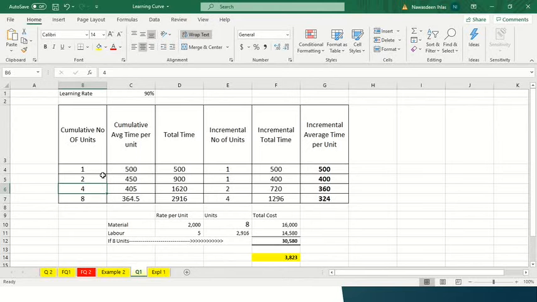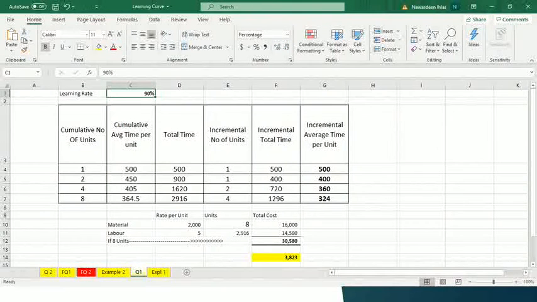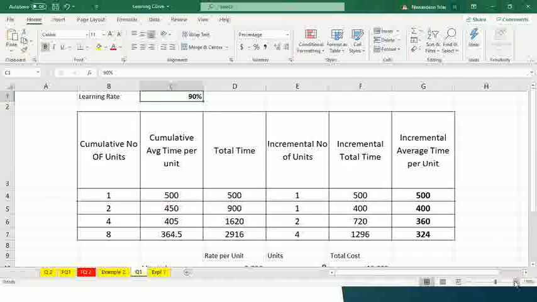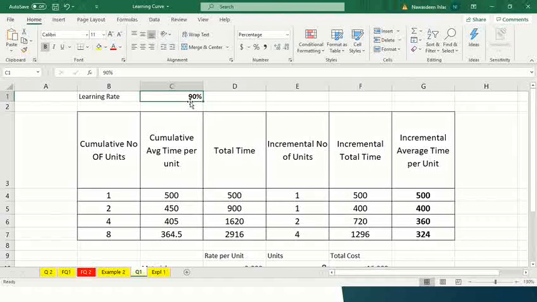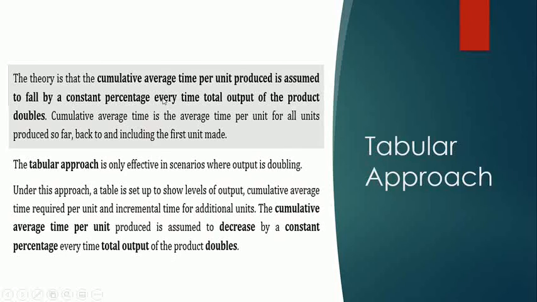Output is getting doubled here, which means we can apply the tabular approach. They should give a learning rate. Here they have given, let's say, 90% as the learning rate. So that is the constant percentage.